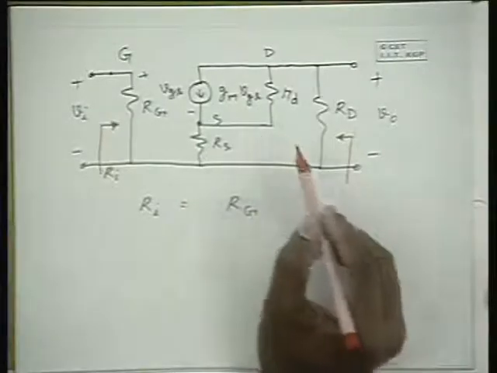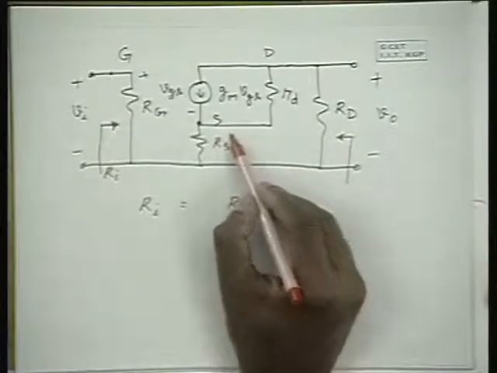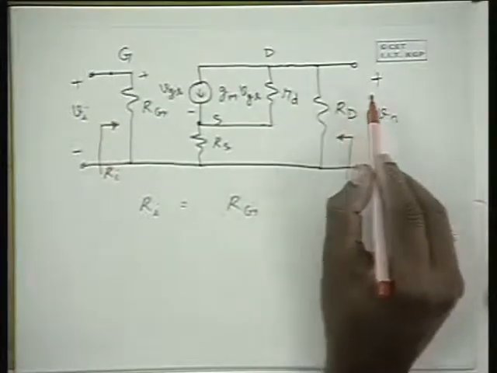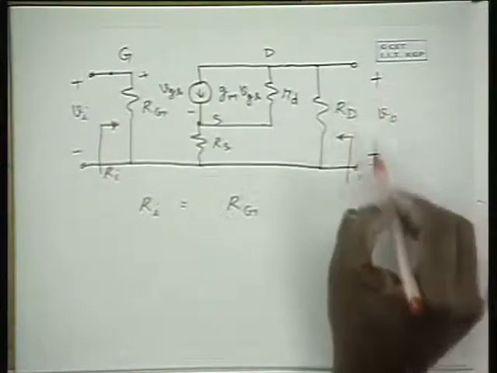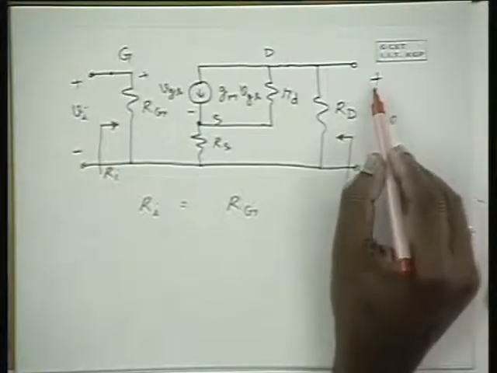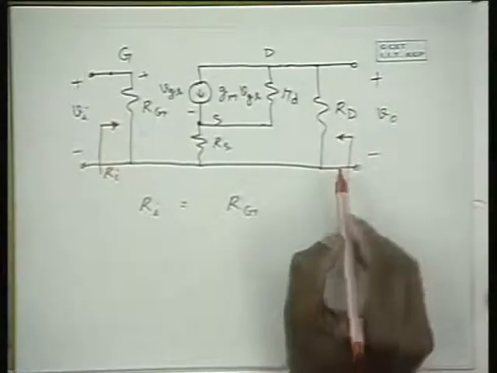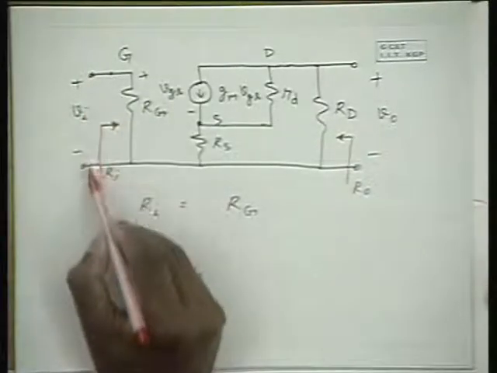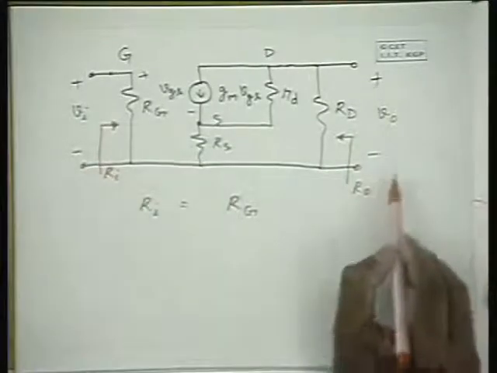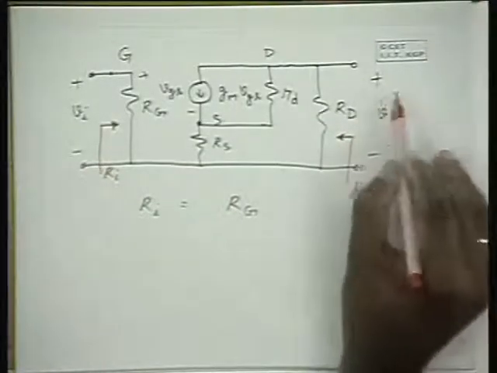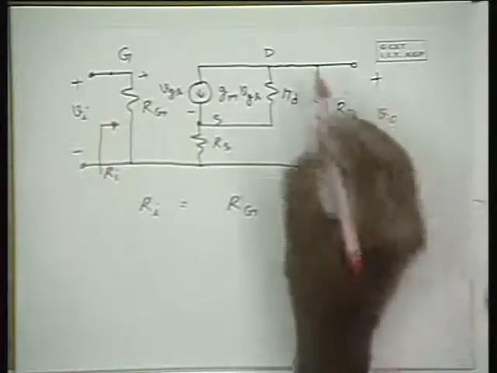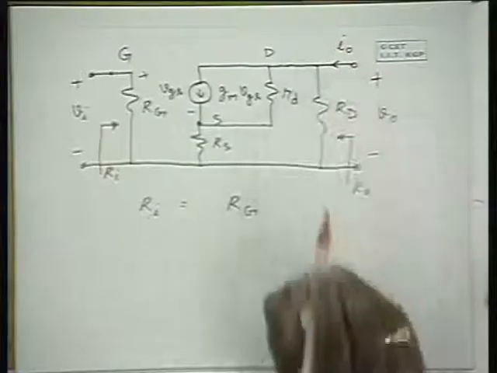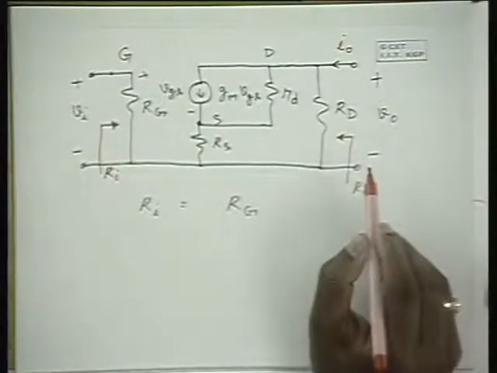Now are you getting any VRS because of an external potential here? You will get some VRS there, because please note that to determine Ro, we replace the input by a short circuit and apply an external AC voltage source Vo, and you will find some current Io, and Vo by Io is the output impedance.